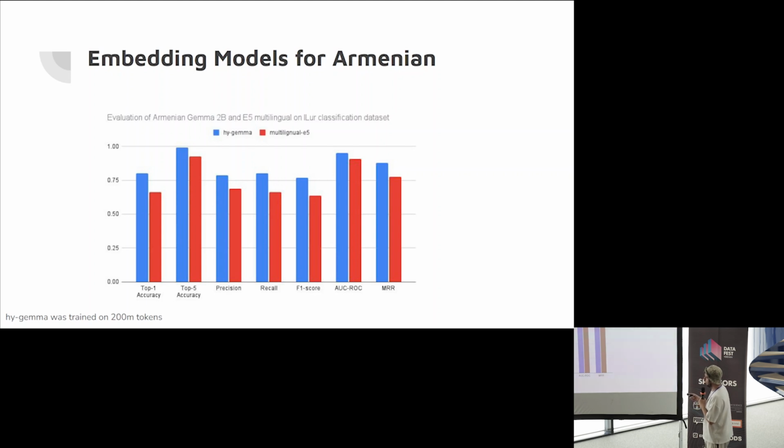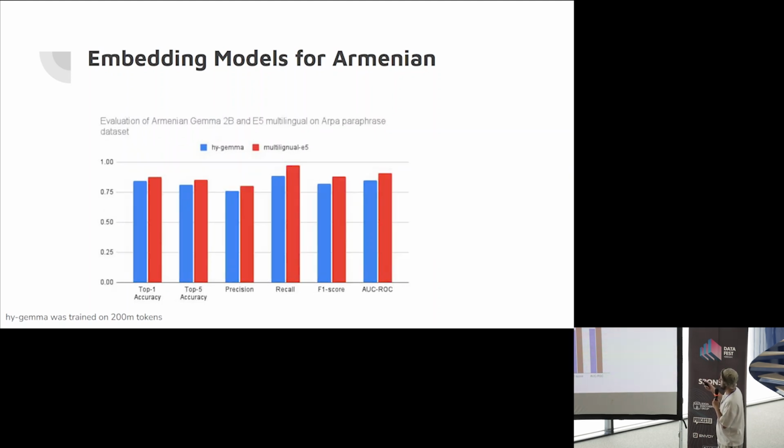So we have top accuracies, precision, recall, and also the MRR for more recommender metrics. As you can see, our Armenian Gemma is doing mostly better on this ILUR classification dataset, but for the others it goes a bit behind.